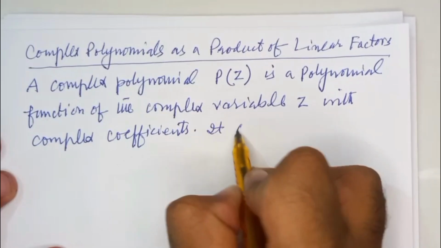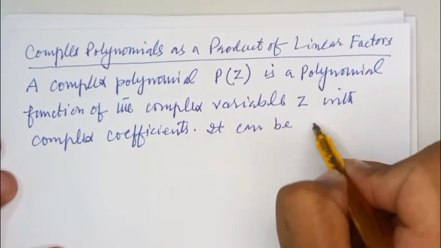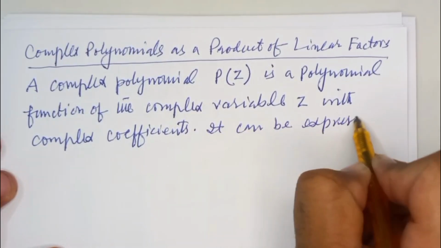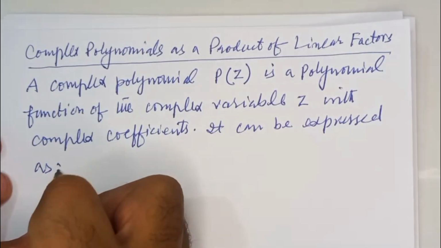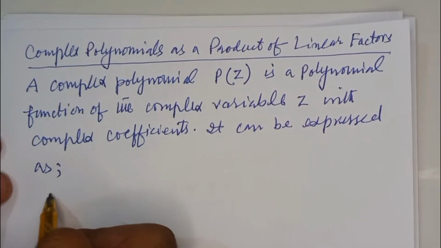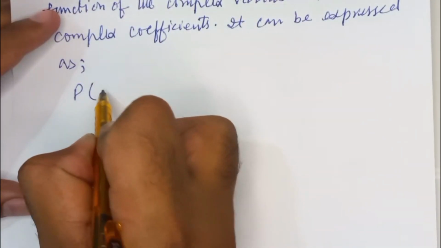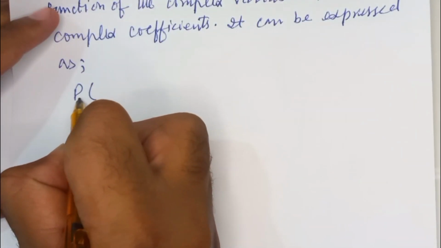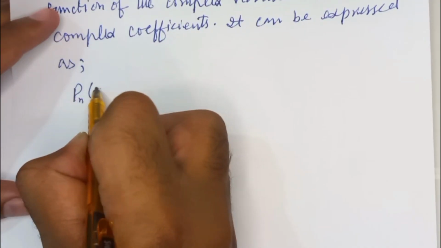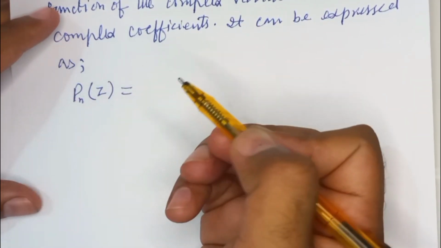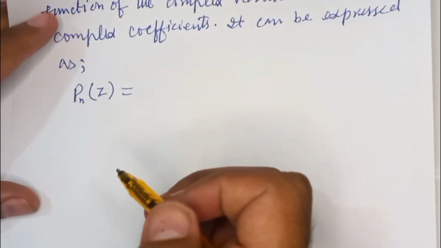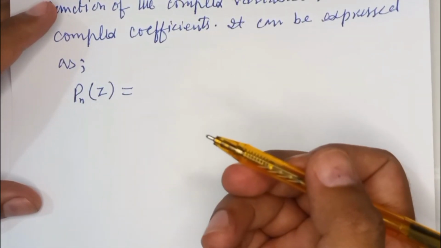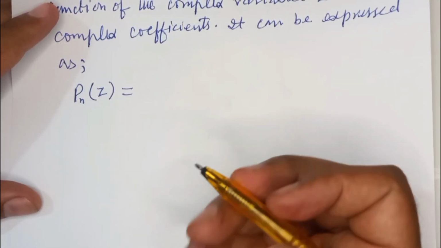It can be expressed as a polynomial of degree n in Z. Usually we omit this n, we do not write it in usual circumstances.